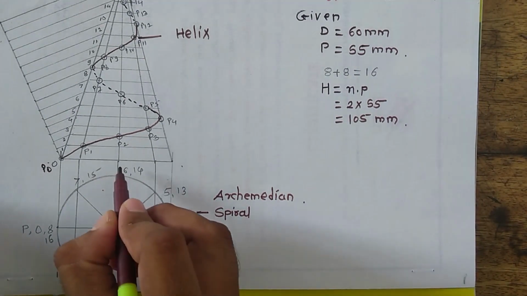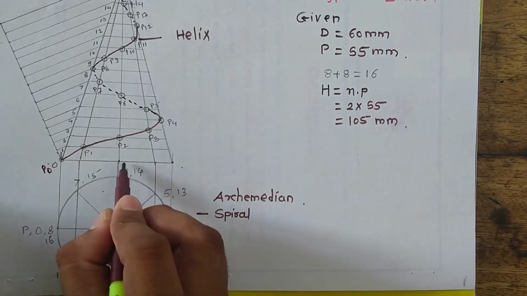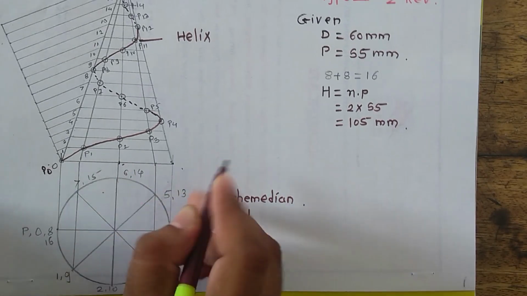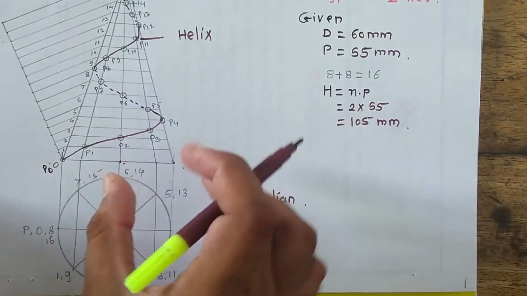For that purpose we have to take the dimension of this cone from axis to generator. Here to here, that dimension you have to take for each point. For 16 points we have to take that dimension.